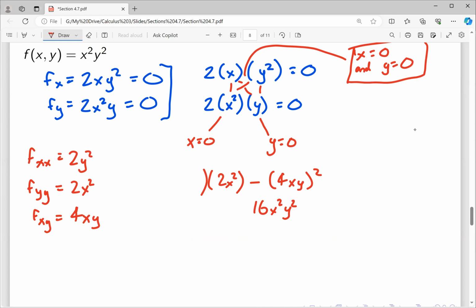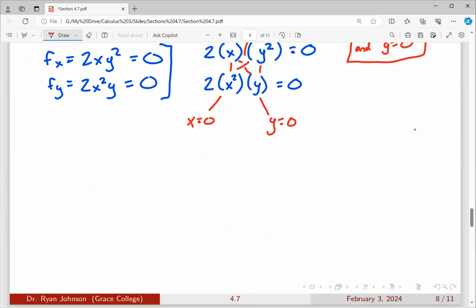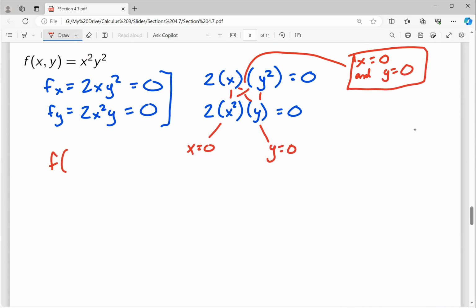So let's go back to the original function. And if we look at it, then f of xy equals x squared y squared. Okay? So if I think about f of, say, 0 plus a little thing, and then some value of y plus another little thing.